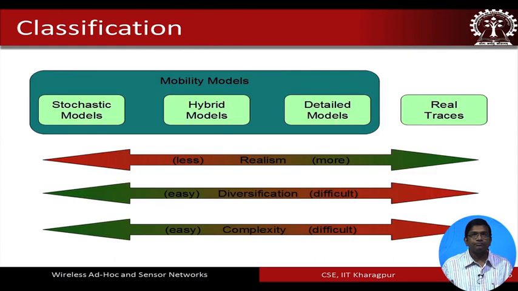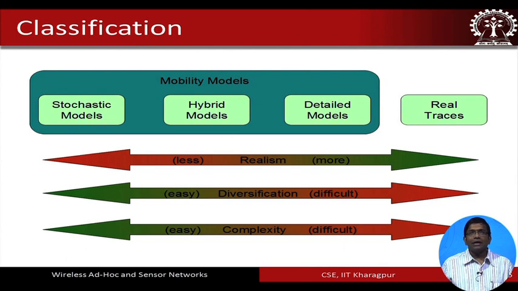Mobility models can be classified into three different types: stochastic models, hybrid models and detailed models. Additionally, as I mentioned a while back, there could be traces captured from a real life mobile scenario. These real traces can also help in understanding how a particular protocol, algorithm or scheme designed for these networks performs.